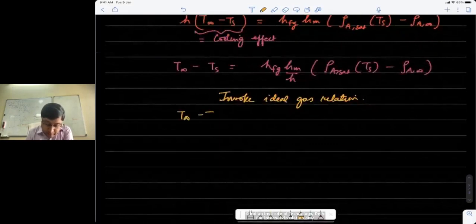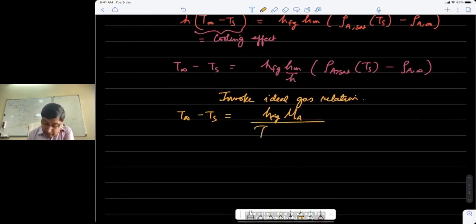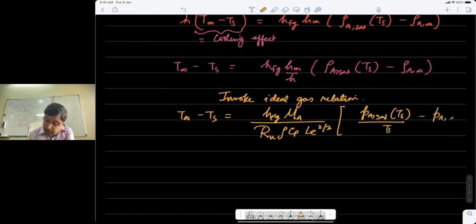So we'll have T infinity minus Ts given as h_fg into the molecular weight of the species A, by the universal gas constant, rho Cp Lewis to the power 2/3, and then we'll have P_A saturation at Ts by Ts minus P_A infinity by T infinity. So P_A infinity becomes the partial pressure of A in the gas stream.